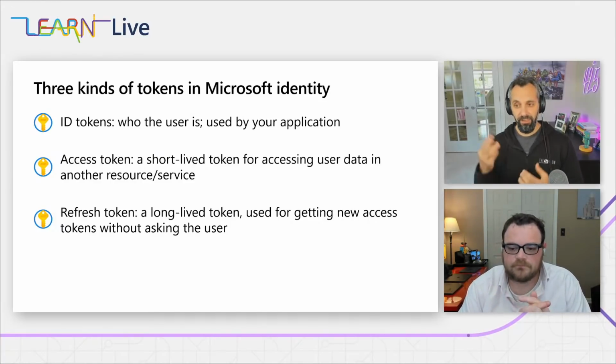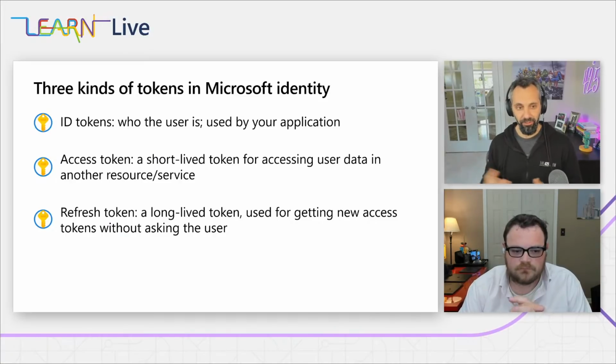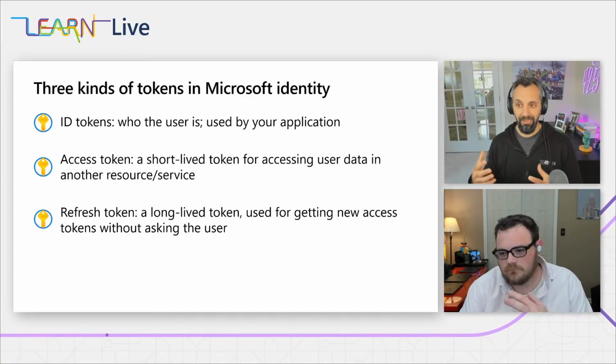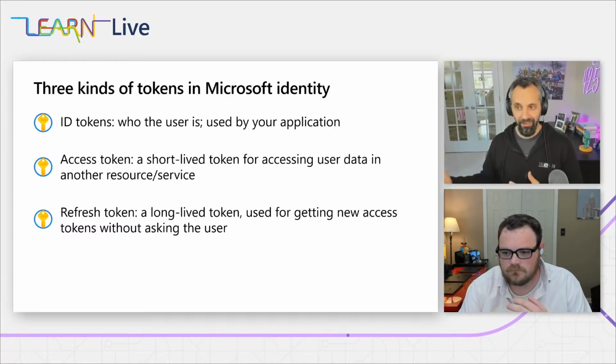The second is the access token. The access token is a short-lived token that gets acquired by the application for accessing user data in other resources. A very good example, just to tie it back into Key Vault: if we have an application that needs to sign in users and then go and get some secrets or some user information stored in Key Vault or somewhere else, then you can acquire an access token to do that.